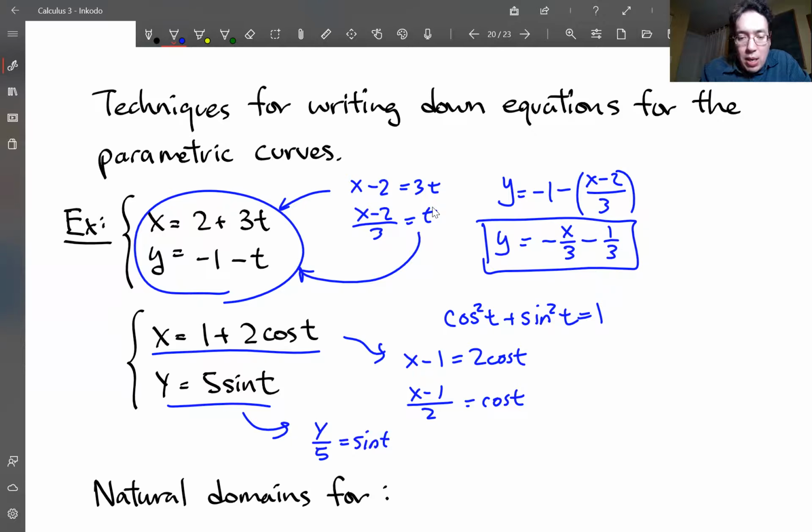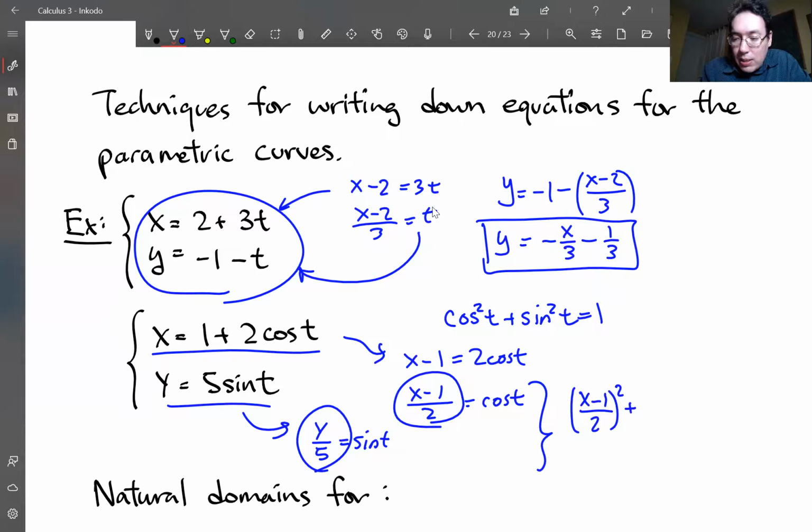Okay. And then if I take these and square and add them to each other, I should get 1, right? Cosine squared plus sine squared is equal to 1. So combine it. I get (x minus 1) over 2 squared plus y over 5 squared equals 1. And this is an equation of an ellipse.